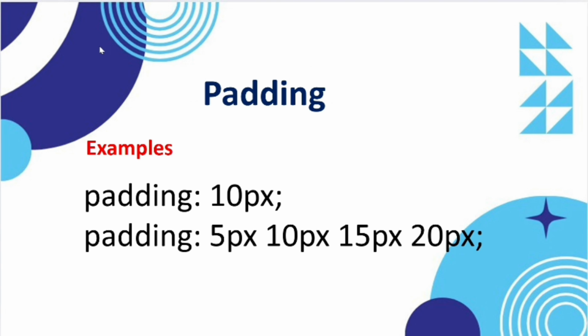And padding 5 pixel, 10 pixel, 15 pixel and 20 pixel means at the top it is 5 pixel, at the right it is 10 pixel, at the bottom it is 15 pixel, at the left it will apply 20 pixel. Padding gives breathing room to your content. Try reducing it to see how things collapse visually.